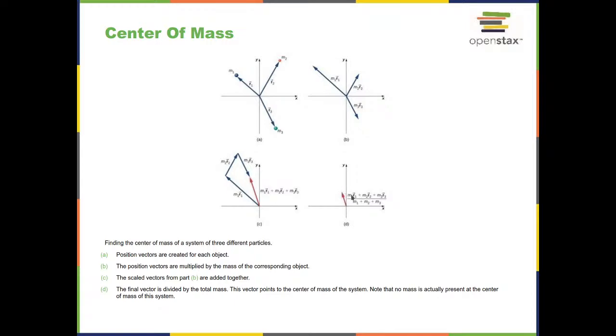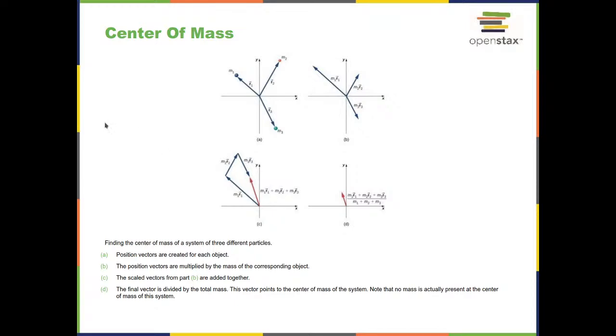So in this case, the center of mass ends up being here. That means that probably m1 and m2 are heavier than m3, which we can tell also because m3 times r3 is shorter than m1 times r1, so m1 r1 weighs more in that average.